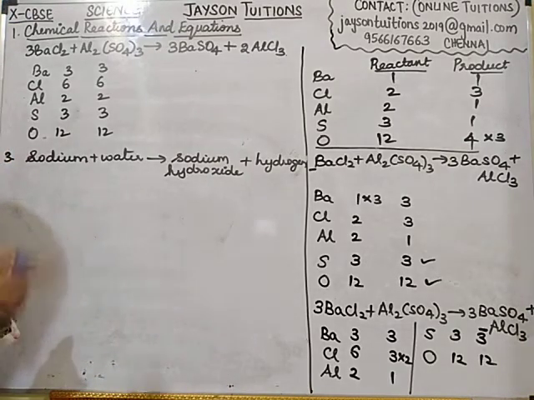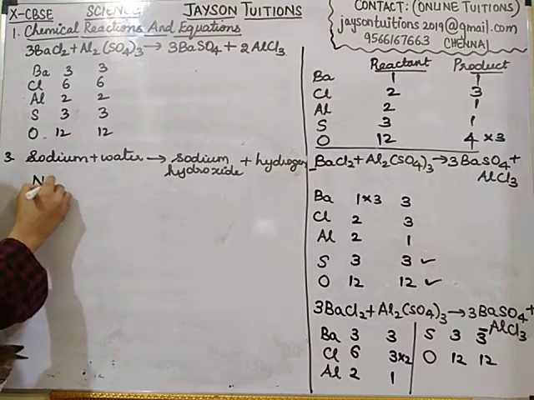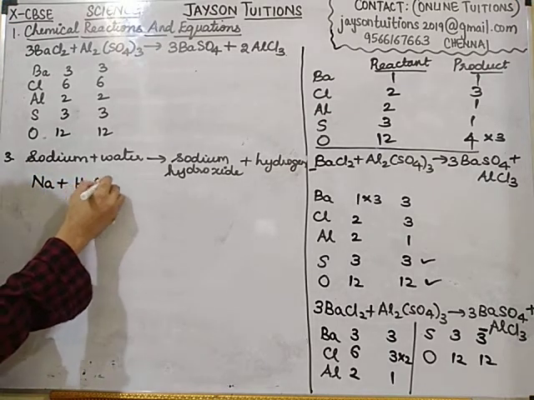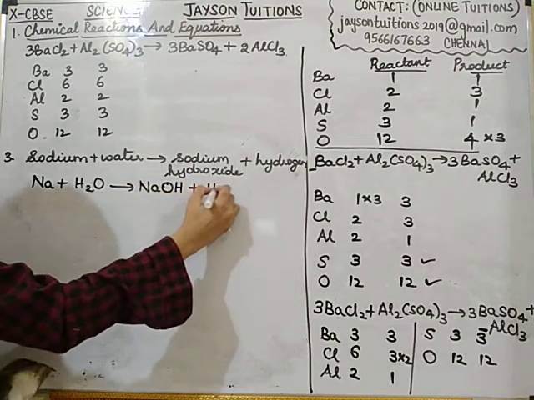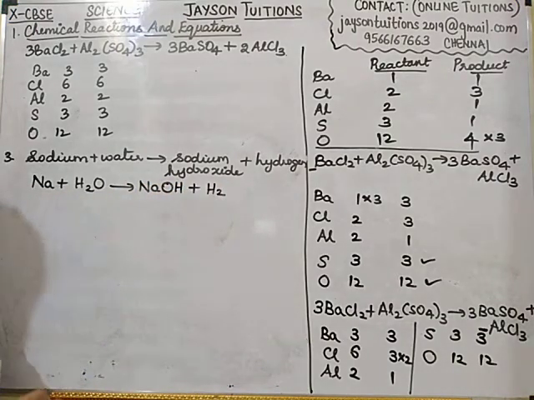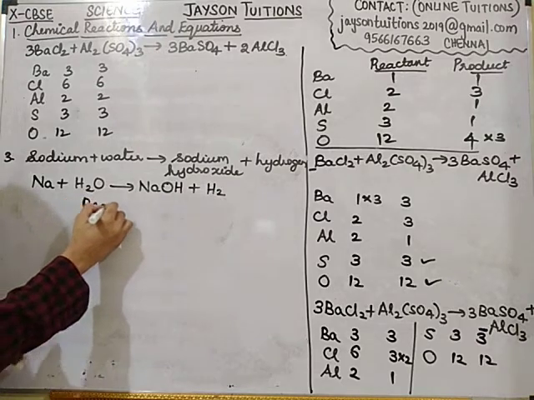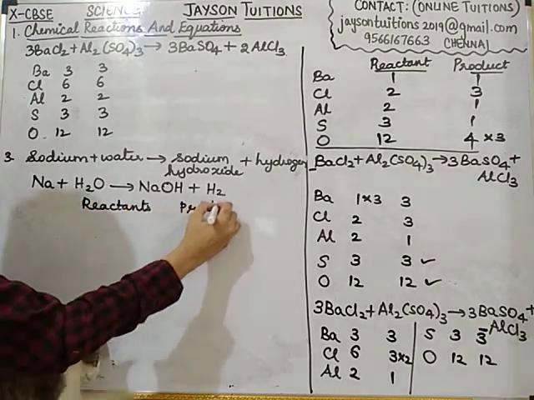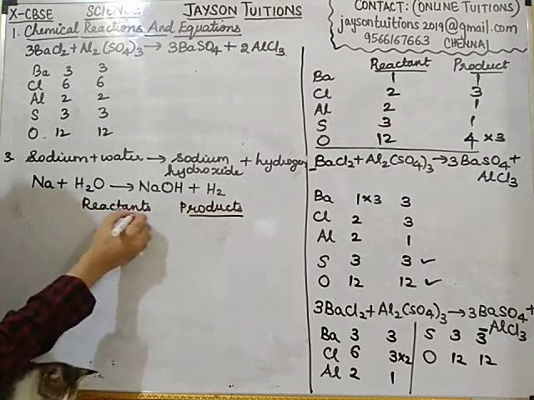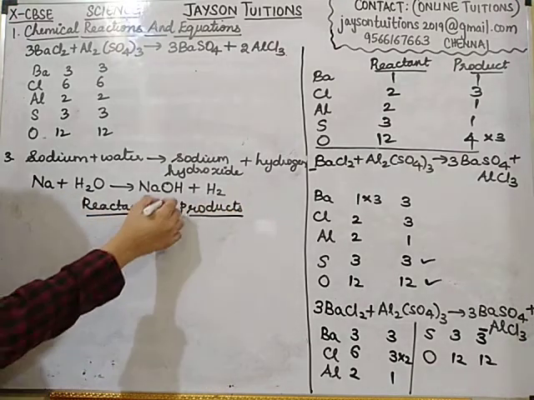Okay. So first sodium, what is the symbol? Na plus water is H2O. Sodium hydroxide is NaOH plus hydrogen is H2. Okay. So how many atoms are there in the reactant side and how many atoms are there in the product side? That I will be writing now.